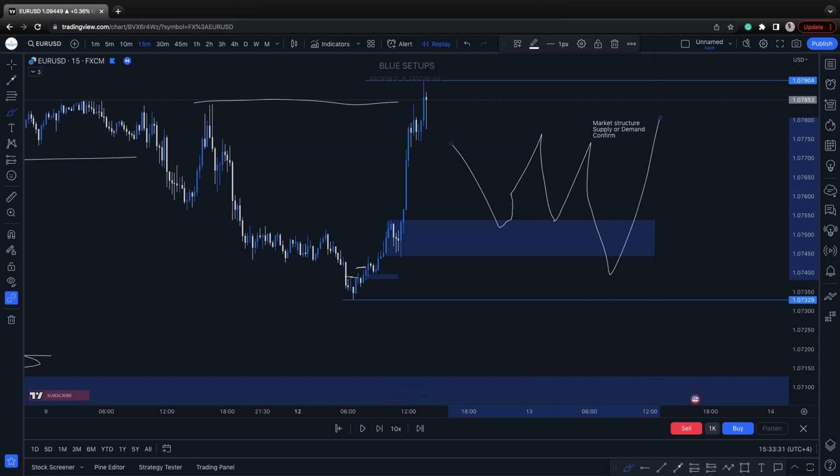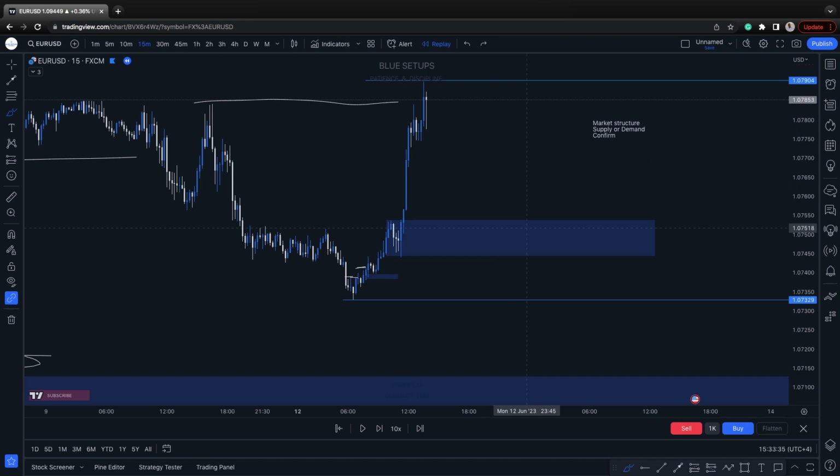So we are not only waiting for price to come into our demand or supply zone before taking a trade. When price has already gotten into our demand zone, or has actually passed it, we are still looking for confirmations.